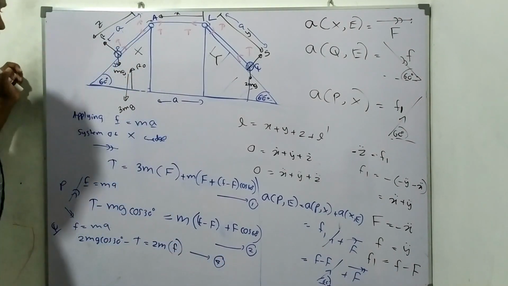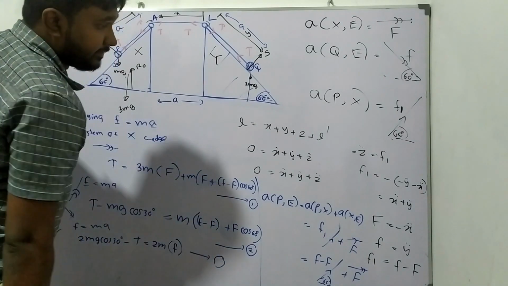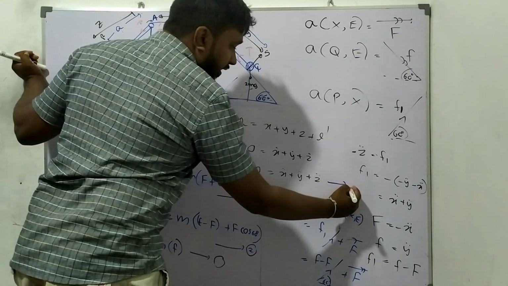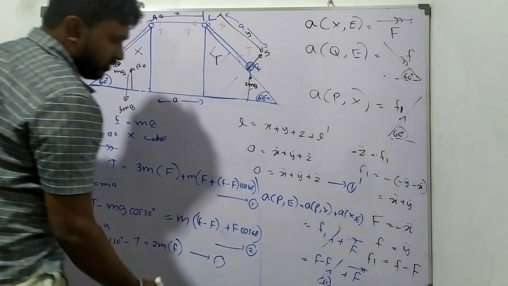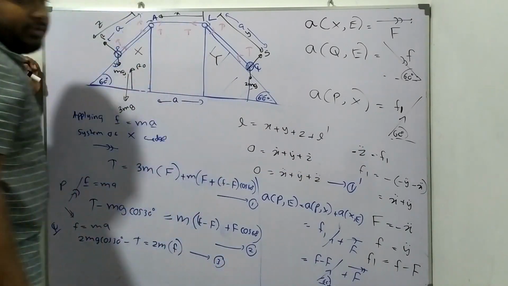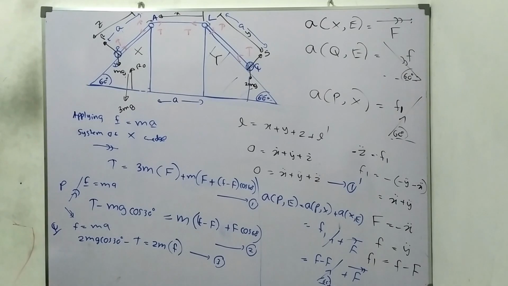So equations 1, 2, and here you have to put another number, 1 dash, 1, 2 and 3. Okay, these are the equations that they expected, right?